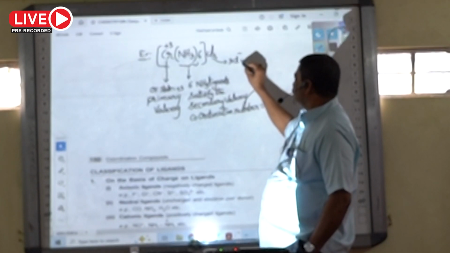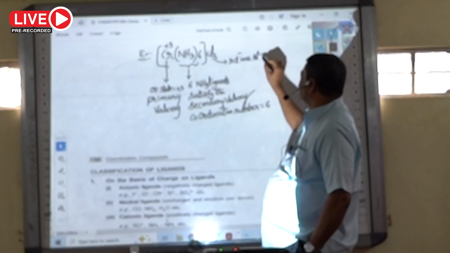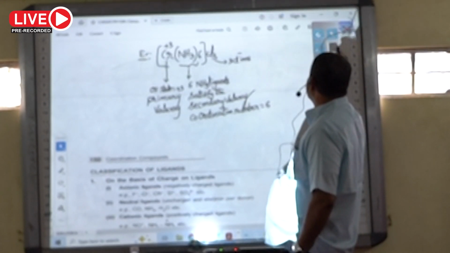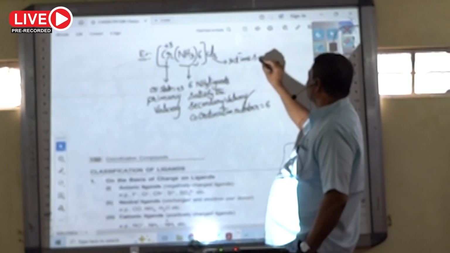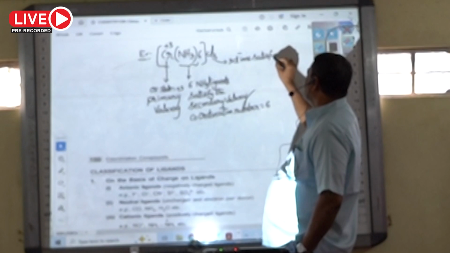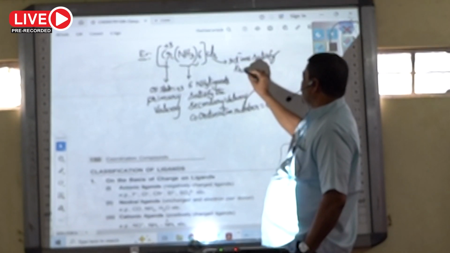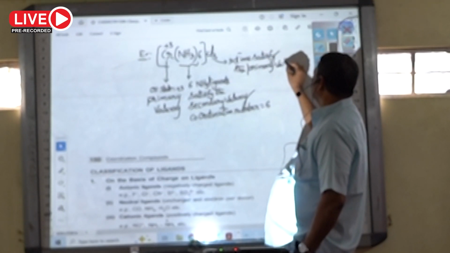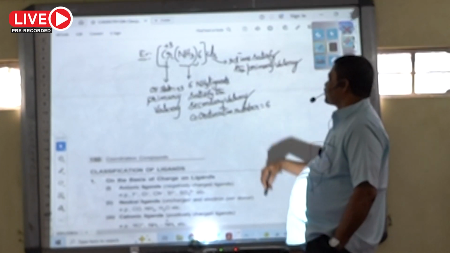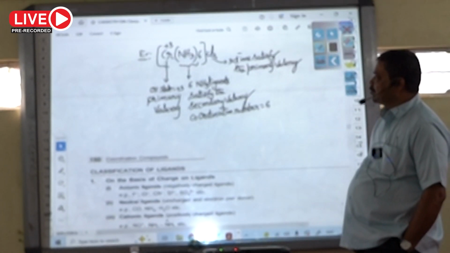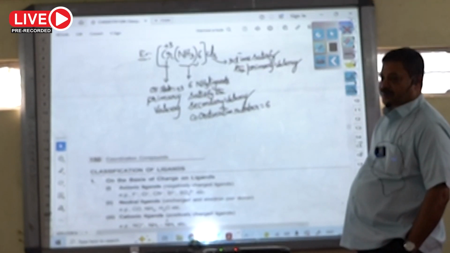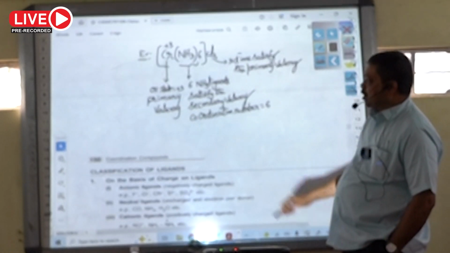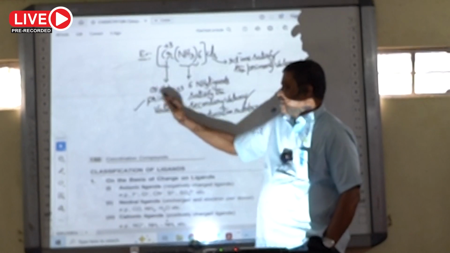The 3 Cl minus ions satisfy the primary valence. So according to Werner, the metal ion in a complex will have 2 types of valencies.